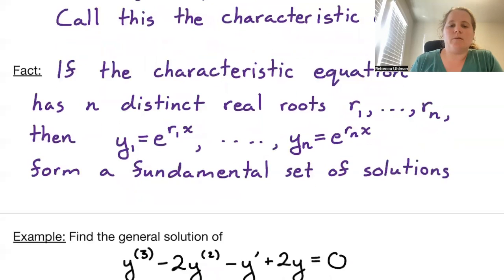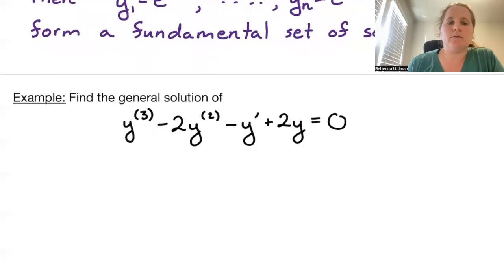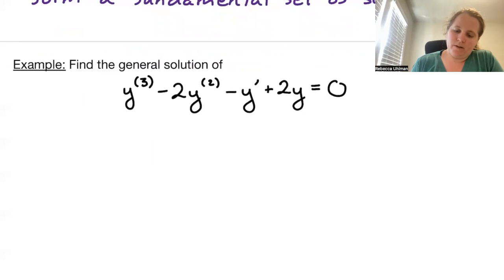So for example, let's go ahead and find the general solution of the third derivative of y minus 2 times the second derivative of y minus y prime plus 2y equals 0.